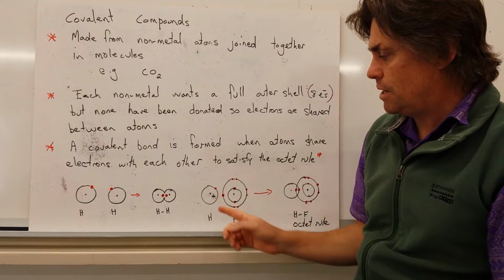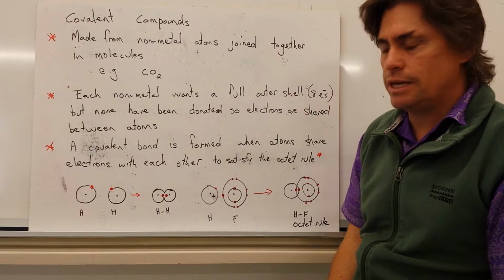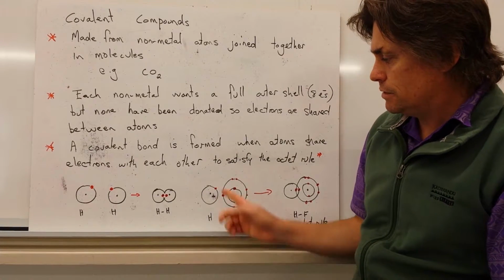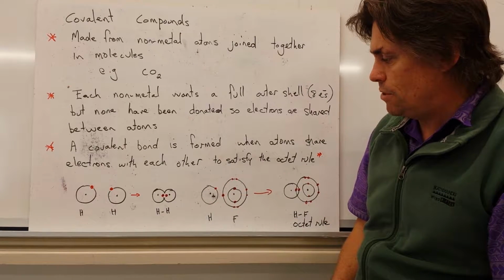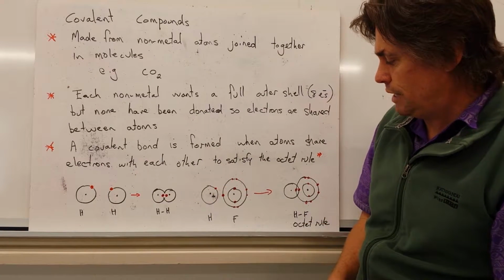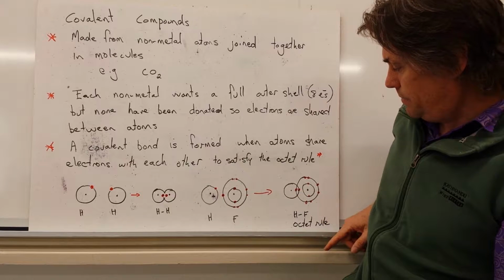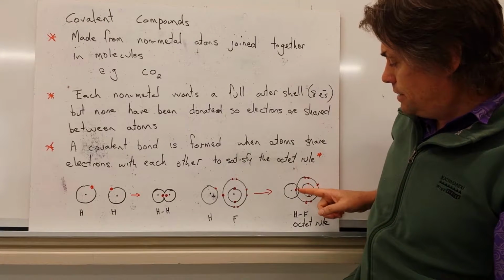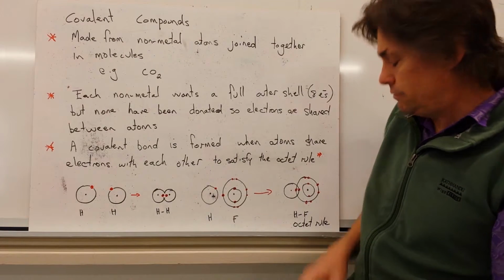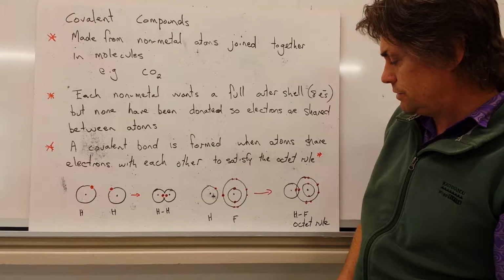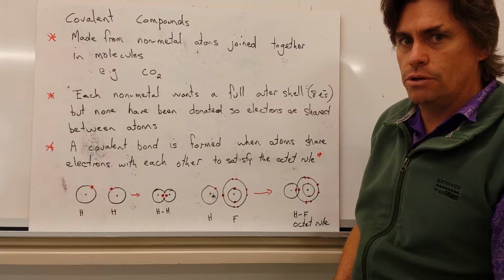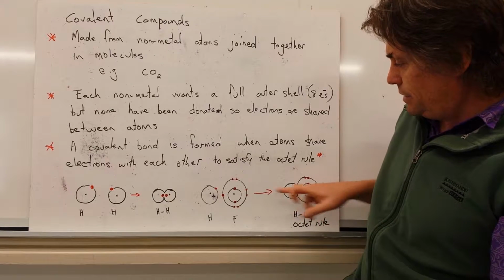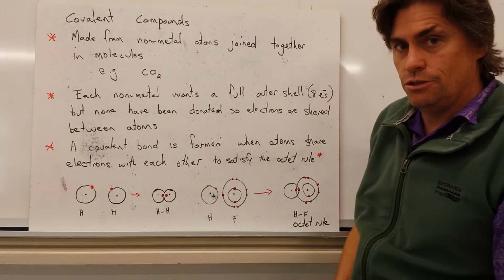Now it could grab it from the hydrogen, but the hydrogen wants an extra electron as well. So the way to satisfy this to form a bond is that they're going to share these 2 electrons, as we've drawn here. So effectively the fluorine has 8 electrons, and the hydrogen has 2 electrons. So that covalent bond is formed when these 2 atoms share these 2 electrons.